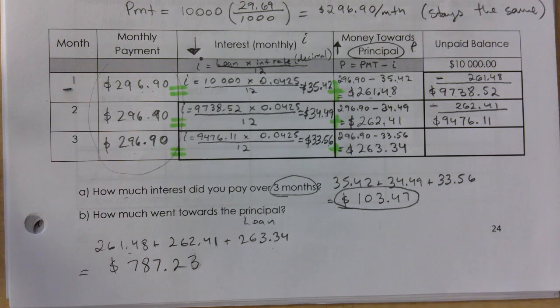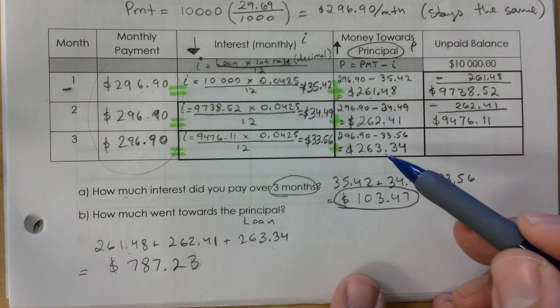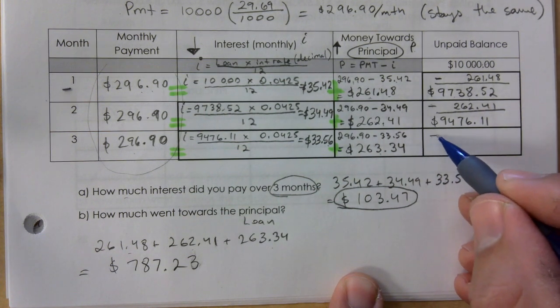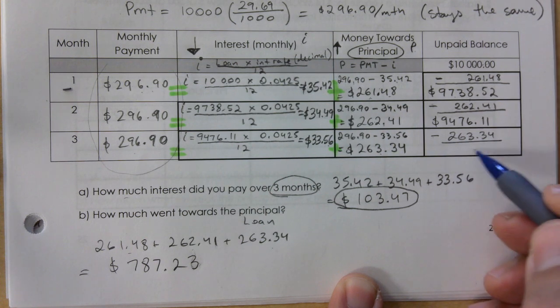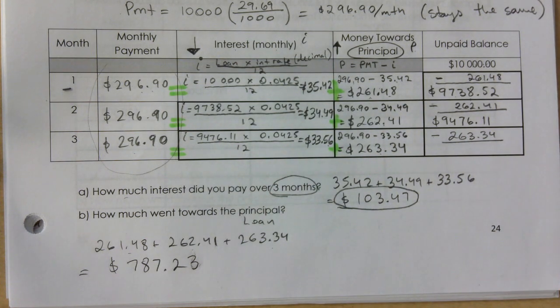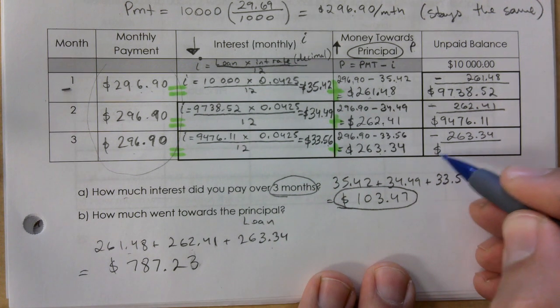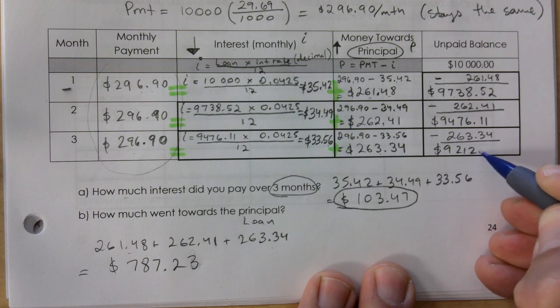I want you to understand that. Oh, we forgot one thing. This needs to be now subtracted one more time to know how much you owe at the end of the 3 months. Can you just write it down at least so you have it? So this is 9,212.77.